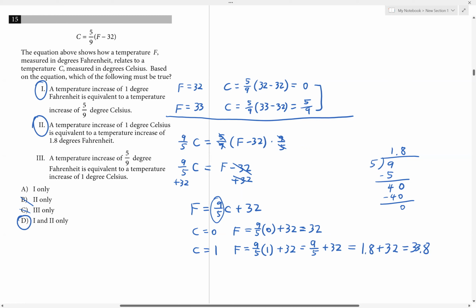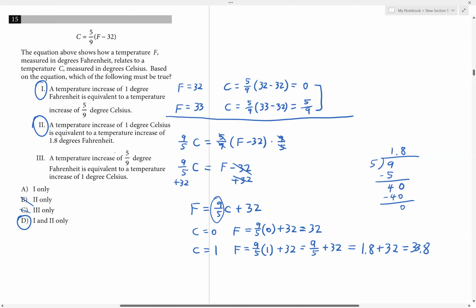Now statement 3 is wrong because a temperature increase of 5/9 degree Fahrenheit is equal to a temperature increase of 1 degree Celsius, as we said earlier. So statement 1 is correct, but in statement 3 they got it flipped.